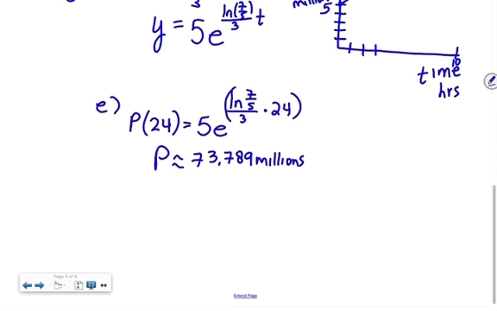Did you get 73.789 million? Okay, and then F, where are we going to put 1 billion in? The other side, but do we want 1 billion? 1 billion is how many millions? 1 billion is 1,000 millions. So what are we going to put instead of 1 billion? 1,000, yep.